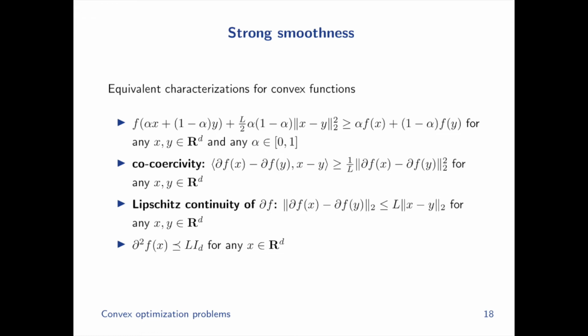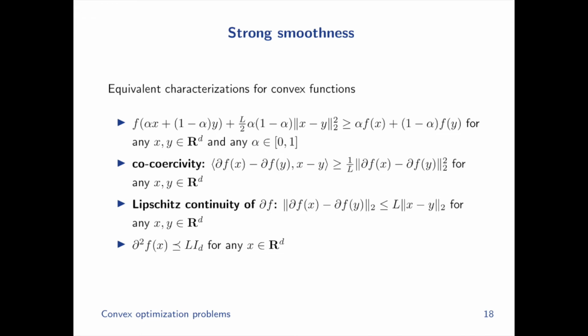If I pick 2 points on the graph and connect them with a line segment, there needs to be some non-zero gap between the line segment and the graph of the function, except at the endpoints. In strong smoothness, this relationship is reversed. Yes, there needs to be this gap, but this gap itself cannot be too big. And the amount by which it cannot be too big is again quadratic.